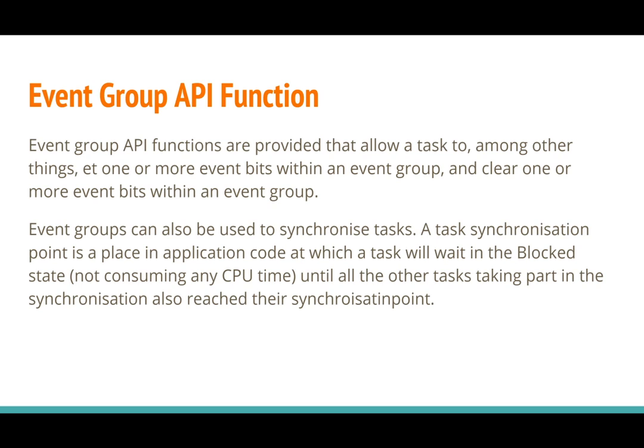An event group can also be used to synchronize tasks. A task synchronization point is a place in application code at which a task will wait in the blocked state. This is kind of similar to the critical section situation where the task must wait in the background, i.e. it's not consuming any CPU time, until all other tasks taking part in the synchronization also reach their synchronization point.